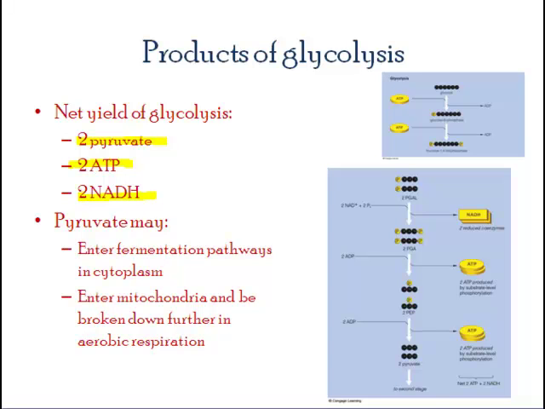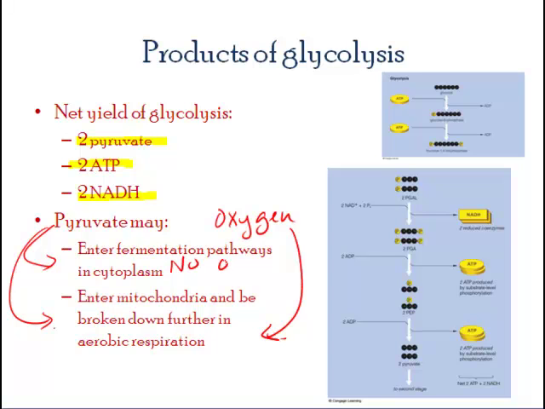I hope you remember the reason that would force pyruvate to enter one or the other: the presence or absence of oxygen. If oxygen is present in the environment, it will enter the aerobic pathway. However, if no oxygen, then it will enter the fermentation pathways.